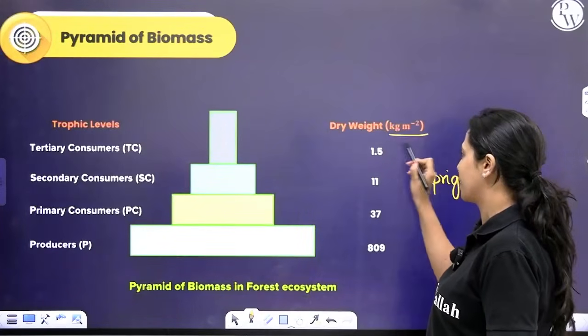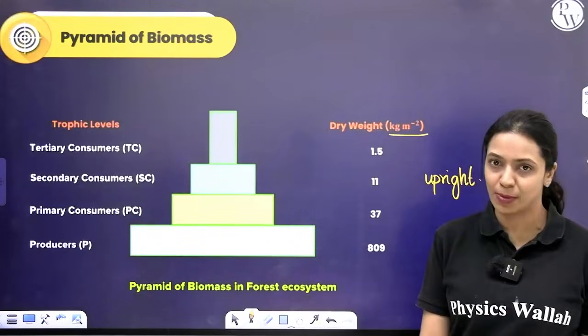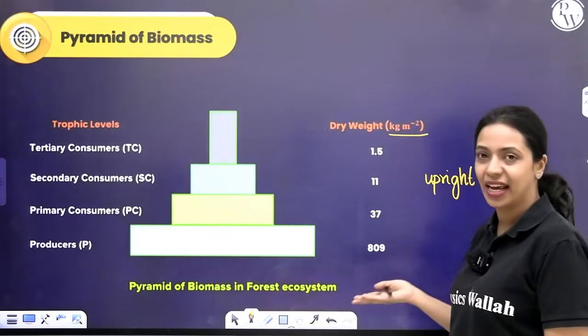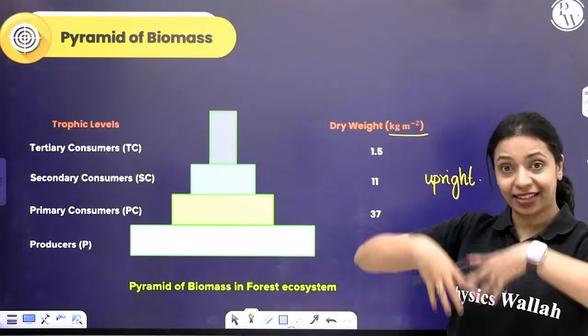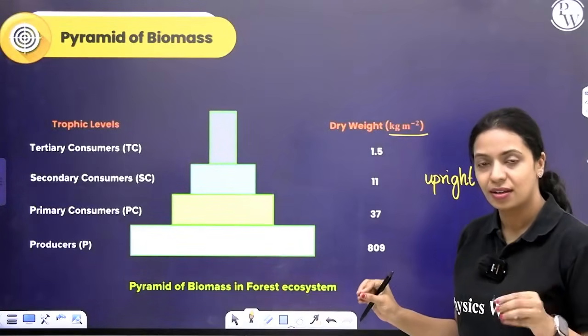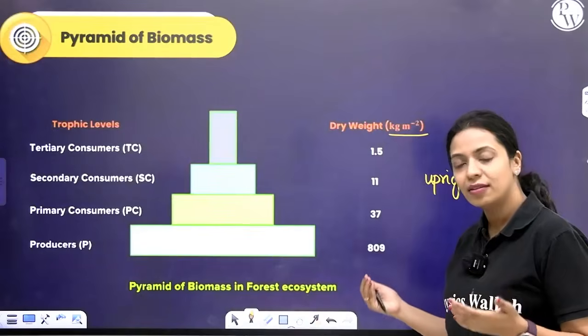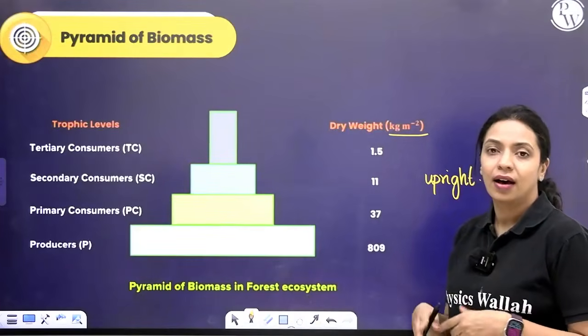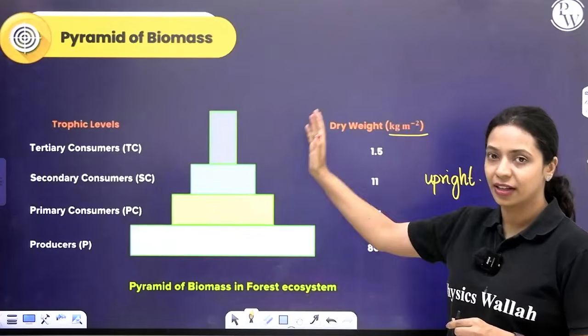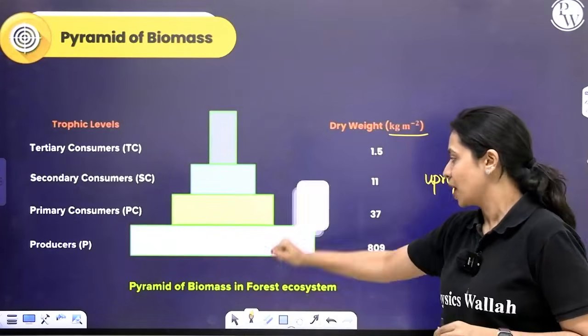Here, the biomass is measured in terms of dry weight, which is kilograms per meter square. So you have 809 kilograms per meter square. That is how much the biomass of producers is in a forest. In comparison to that, the biomass of consumers in the second, third and fourth trophic level will progressively decrease. So we will get an upright pyramid.